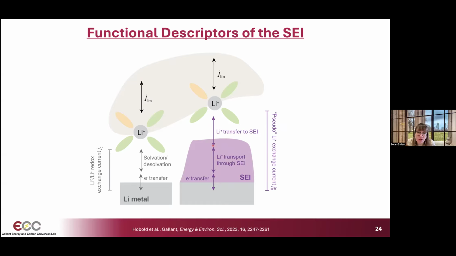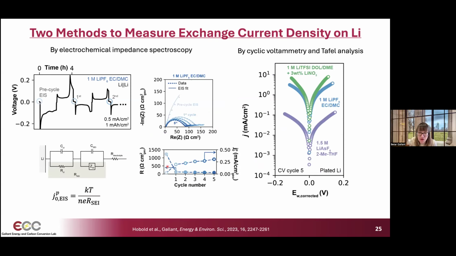We're measuring the lump sum of them in this approach, and it's distinct from the exchange current that you would measure in a purely kinetics controlled situation. For the sake of time, I won't go into all the gory details, but we developed two methods to measure the exchange current with an SEI present. Again, we refer to this as J0 pseudo, just to emphasize here.